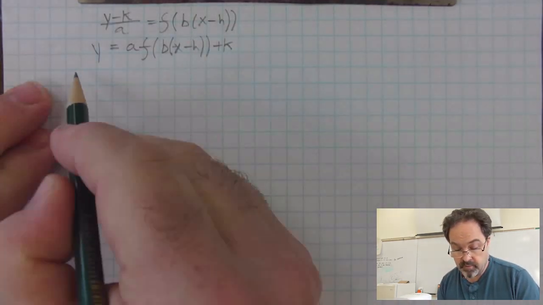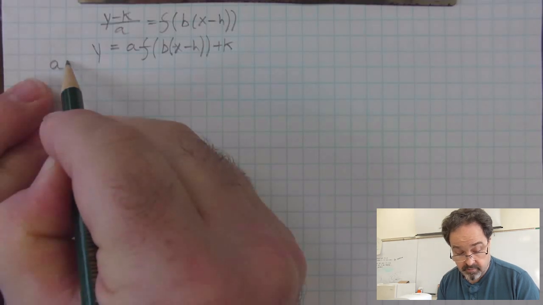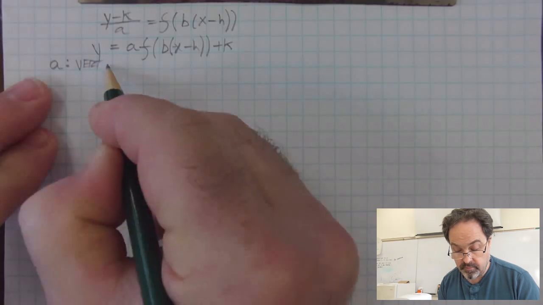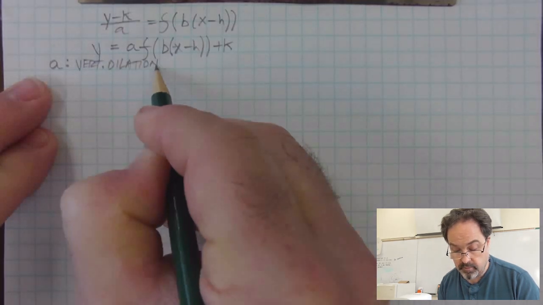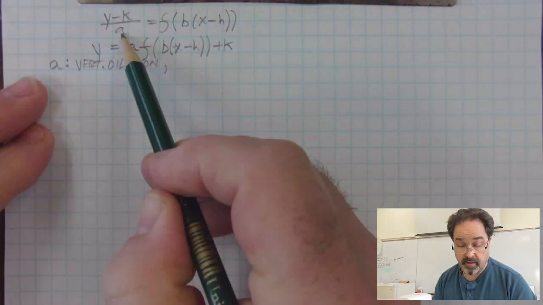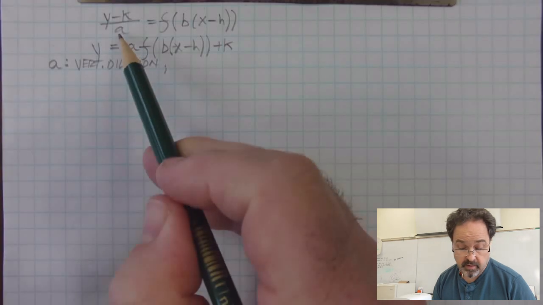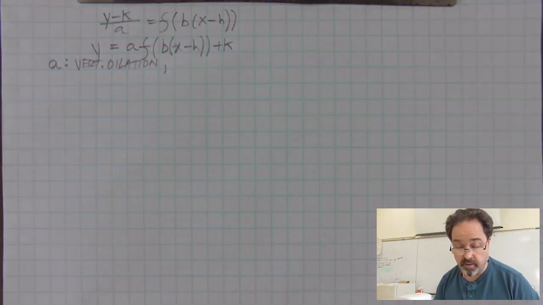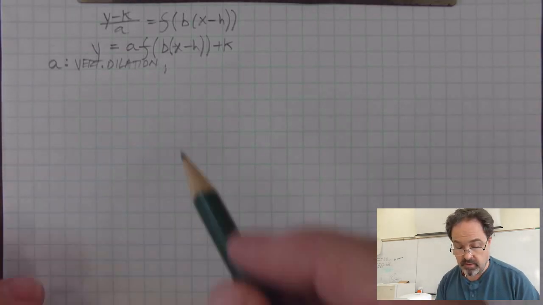These parameters can be listed with their effect. A performs a vertical dilation. A affects the vertical axis because it's grouped with y. A can be thought of as multiplying or dividing by y, and depending on the value of a, it's going to either stretch or compress the vertical axis or vertical distances.